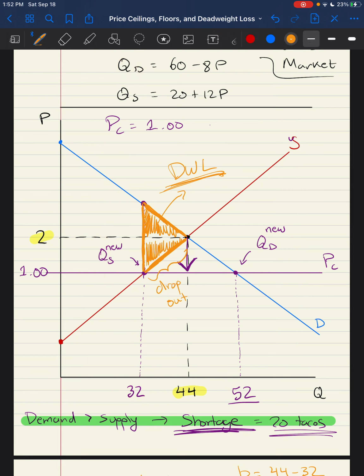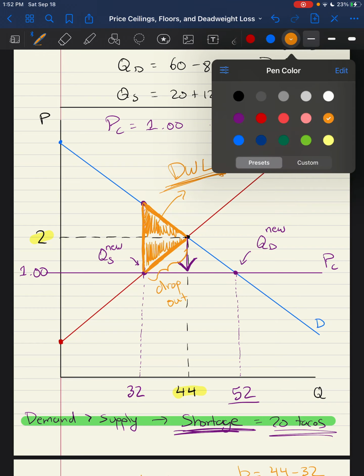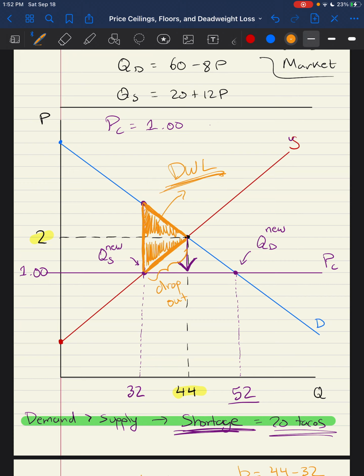Okay, so let's go ahead and do that, and let me draw it up here. So we're going to solve 32 equals 60 minus 8p. Okay, so we're going to do 60 minus 32. So we're going to get 8p equals 28, and we're going to solve for p. 28 divided by 8 is going to come out to be 3.5, right?